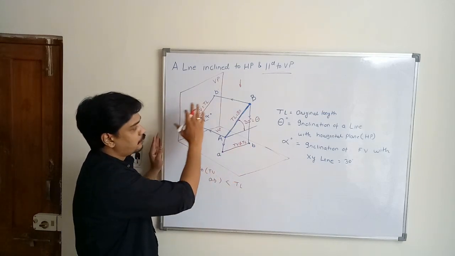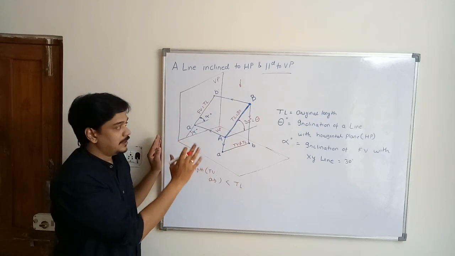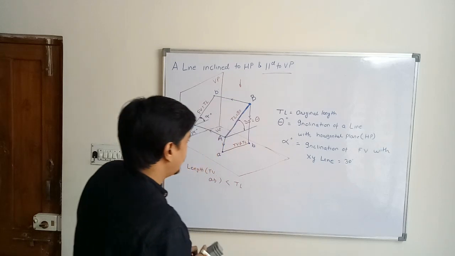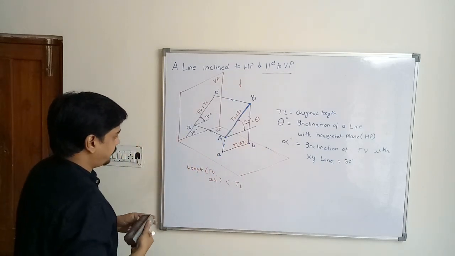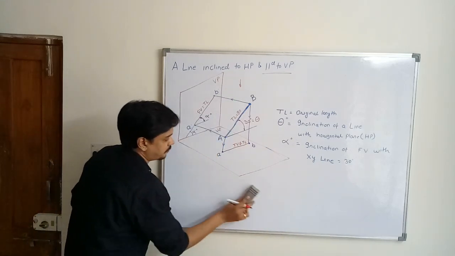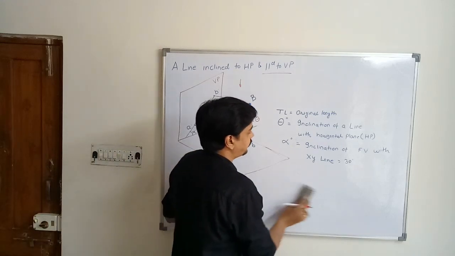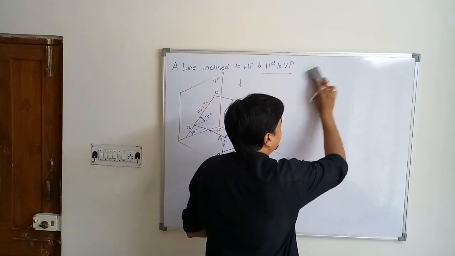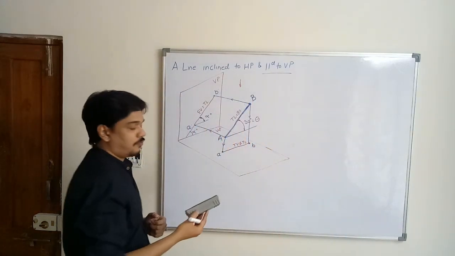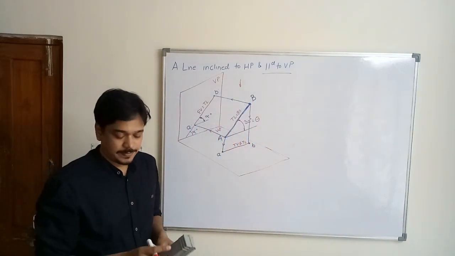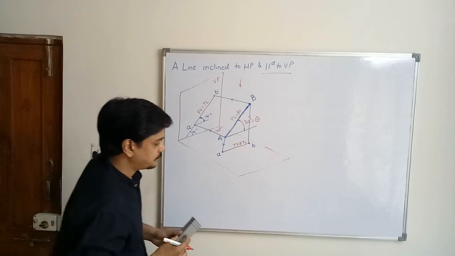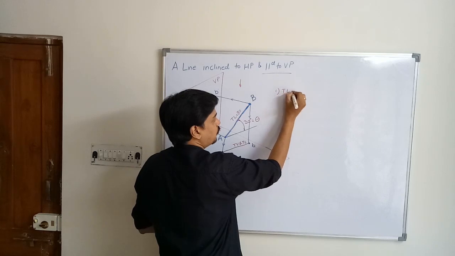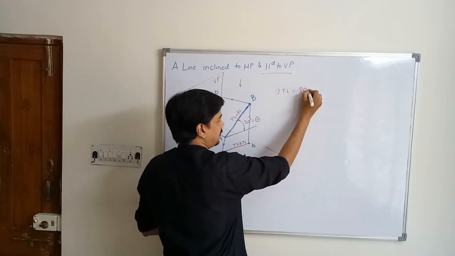So if you want to draw the same on a sheet of paper, how will you draw this? For that you will require some data. So let us assume a data. Let us assume true length of the line as 80 mm.